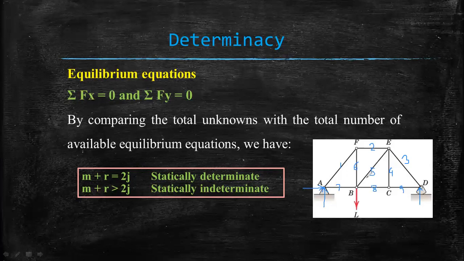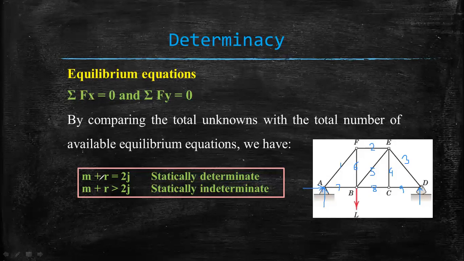So if we denote the number of members as M, then the total unknown member forces will be M. If we combine the unknown member forces and the unknown reactions, we get the total unknowns within the structure, that is M plus R. M is the number of members, so M member forces are unknown to us, and R reaction forces are also unknown to us.